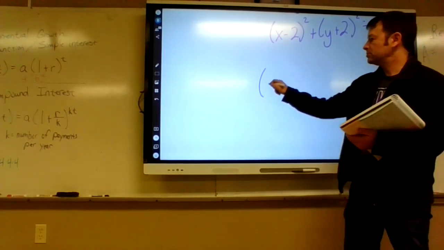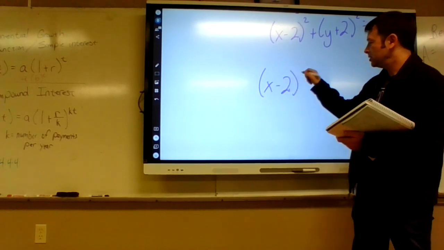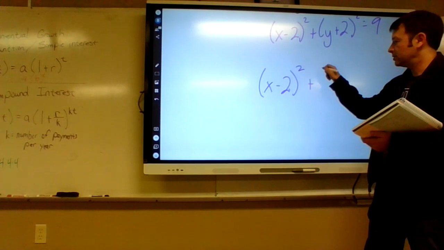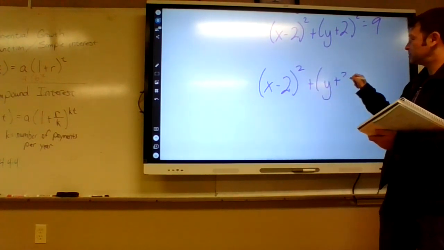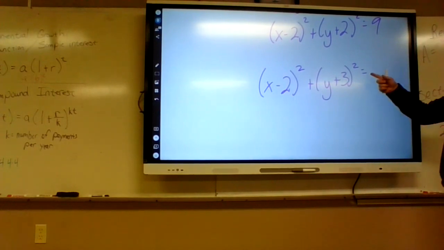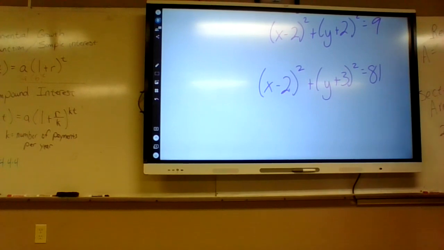X -2. Correct. And then it says -3, so how do I make it move down 3? Y plus 3 squared. And if the radius is 9, what am I going to put right here? You don't put the radius over here, you put the radius squared over here. So 9 times 9 is 81.